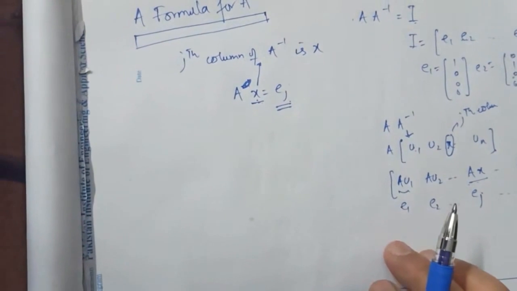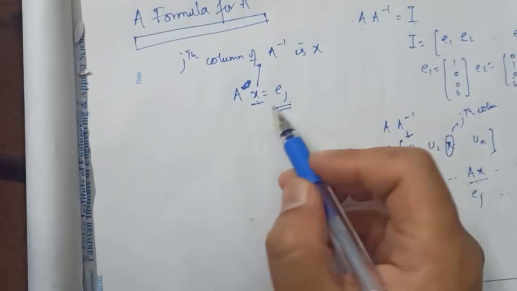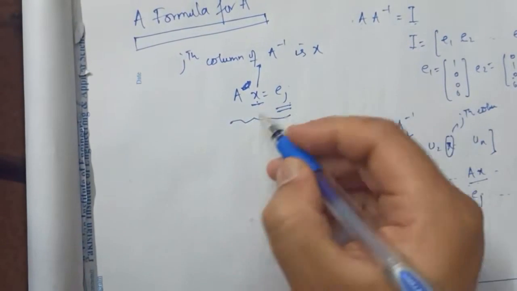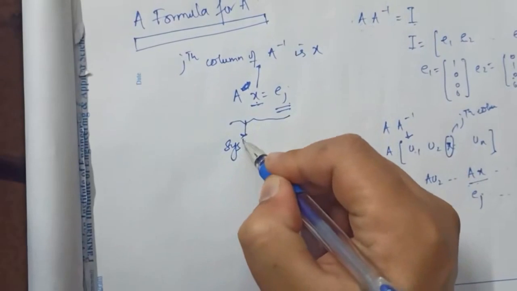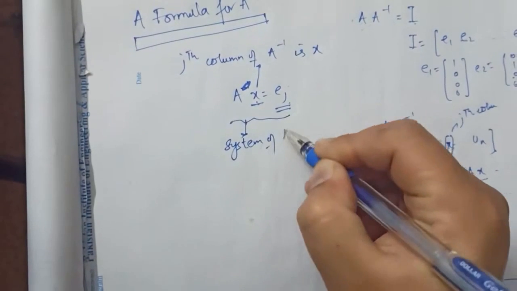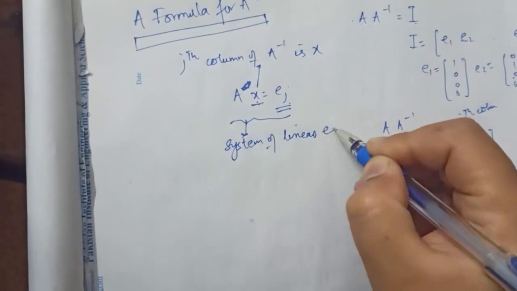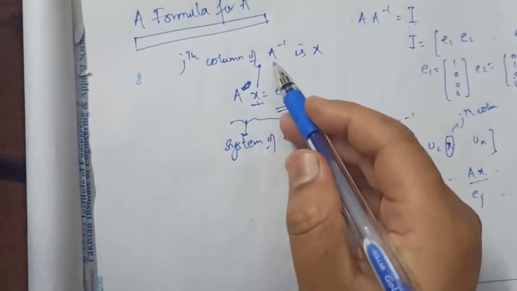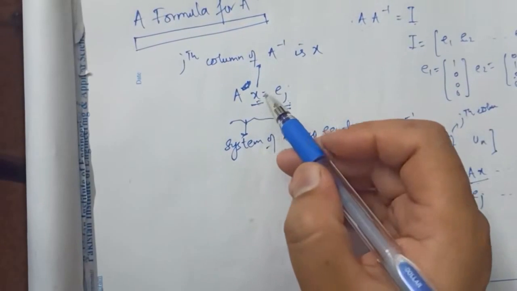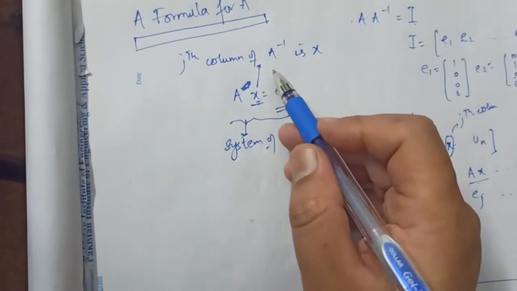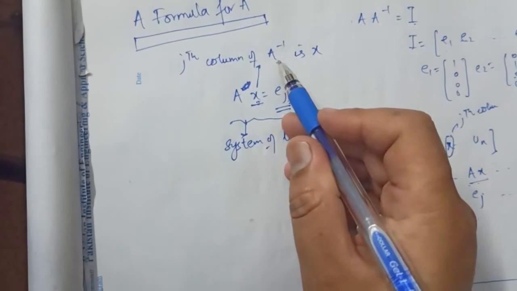Now in this case you can think of this as a system of linear equations. So if X is the jth column of A inverse, finding X actually gives me the jth column of A inverse.